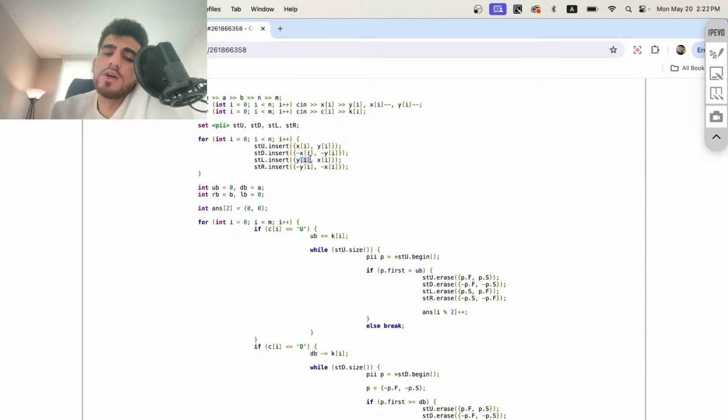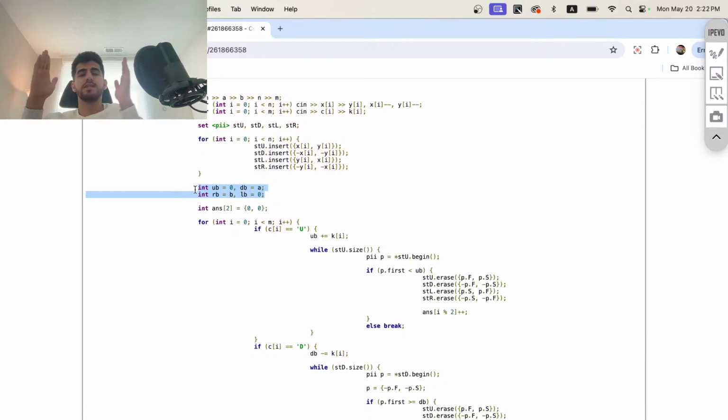STL is sorted by y, STR is sorted by minus y, and I have this answer of 2 for Alice and Bob, and each time I save the 2 bounds on my grid, each time one of these pointers move.